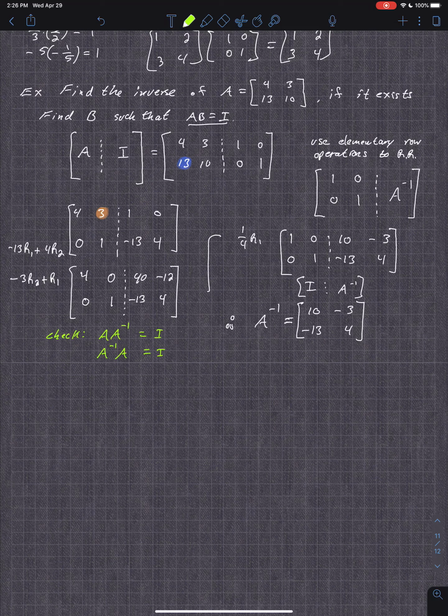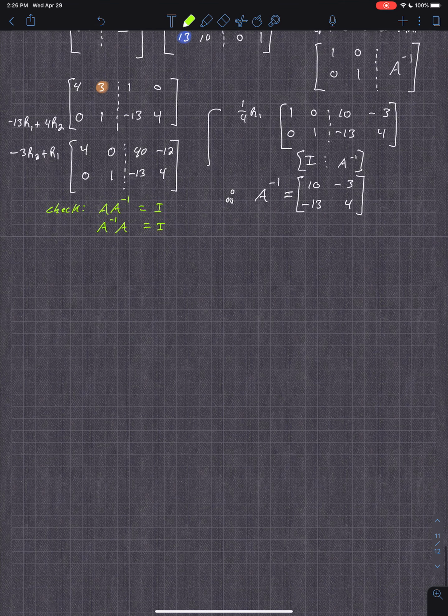All right, so try this one. So this next example, let's see, where's my matrix? There it is. So let A equal 9754. And then find A inverse, if it exists.